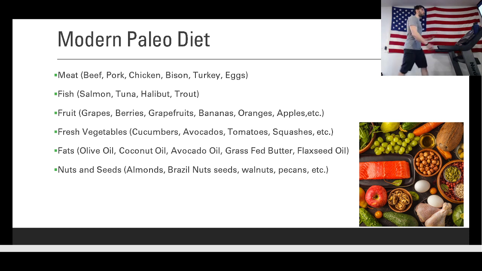But these are all great things to be incorporating in your daily nutrition. So even if you decide, hey, I heard about that paleo, but I don't know if I'm going to try it, you should make sure that you're including these things in your nutrition, right? They should make up your daily diet. So this is all pretty typical.